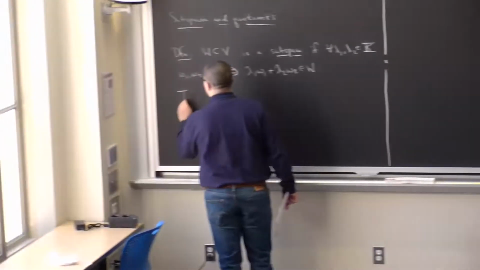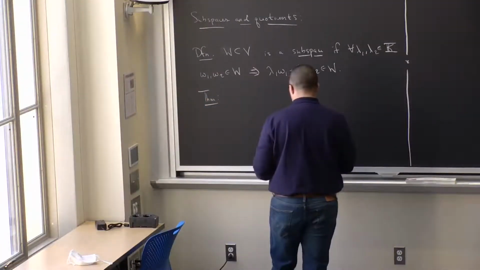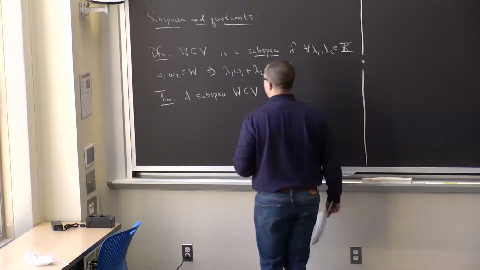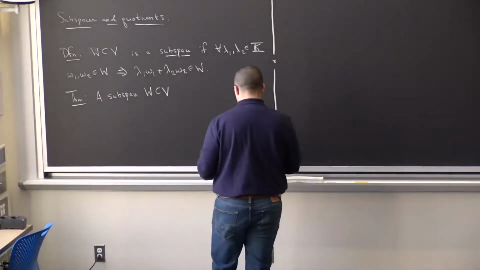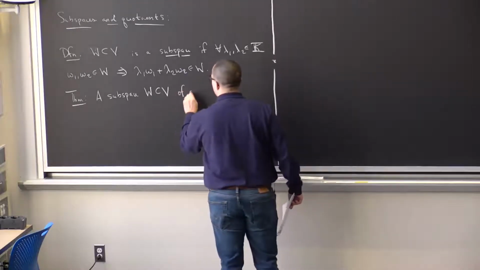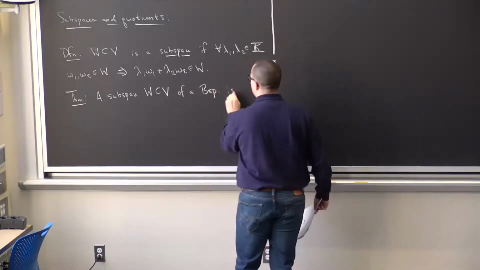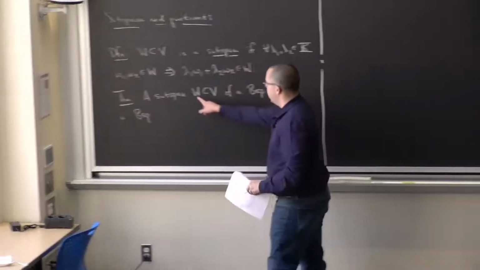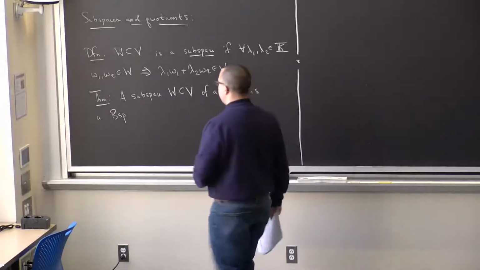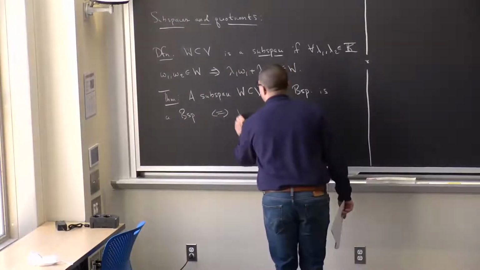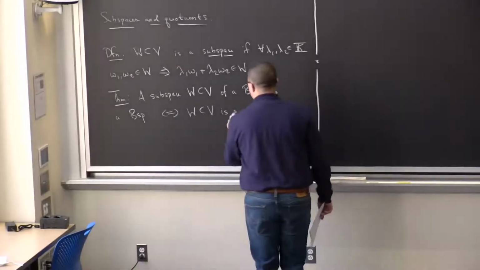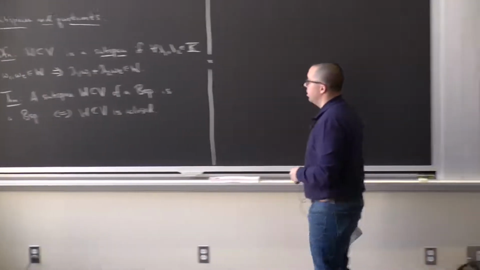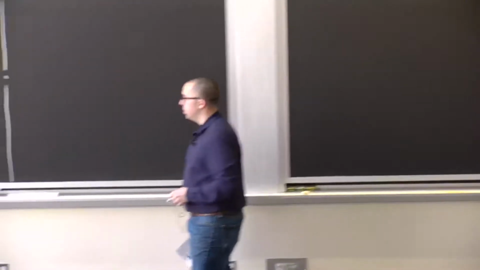And so it's quite easy to prove, and I'll leave this to you, that the subspace of a normed space, of a Banach space, is itself a Banach space, meaning it's complete with respect to the norm it inherits from V. It's a Banach space if and only if it's a closed subset of V with respect to this metric we have induced by the norm.